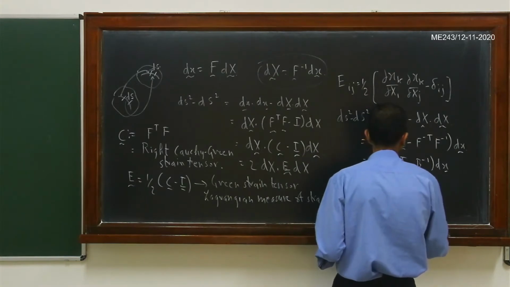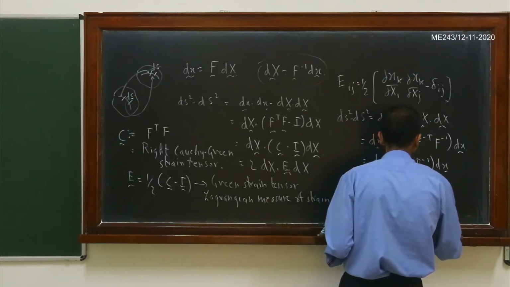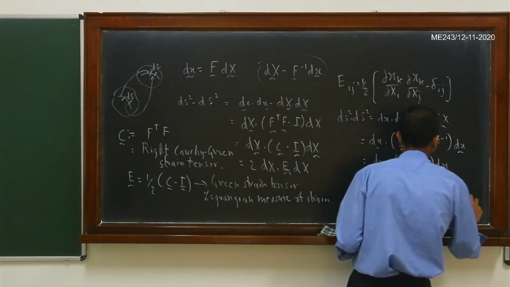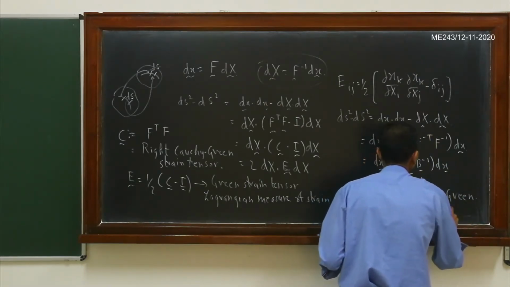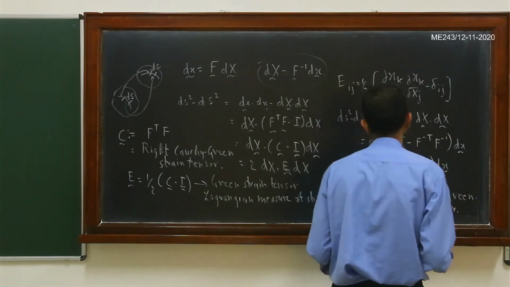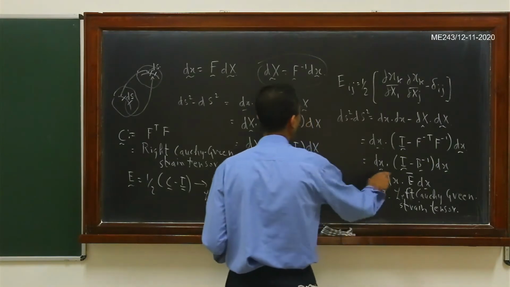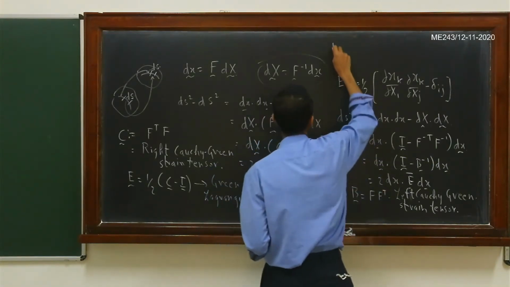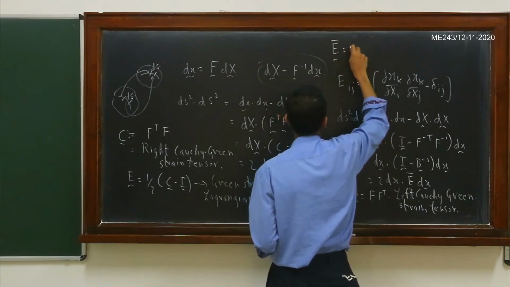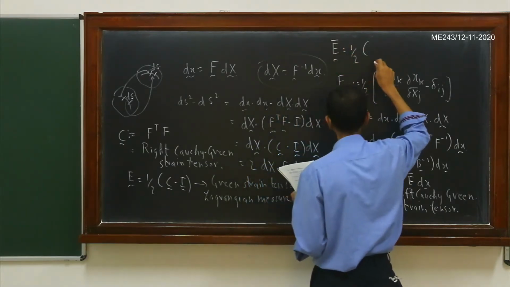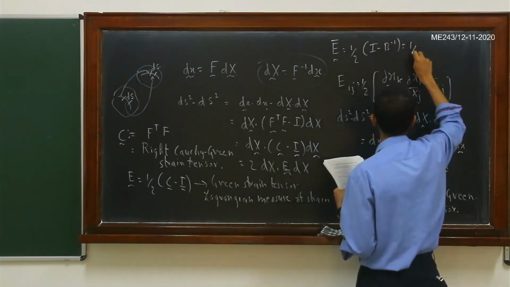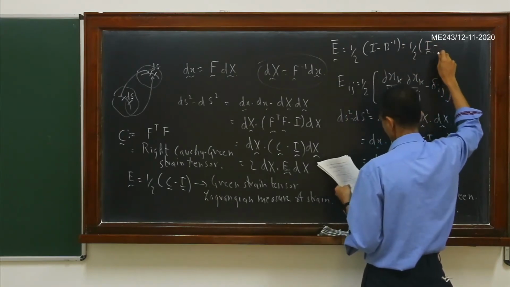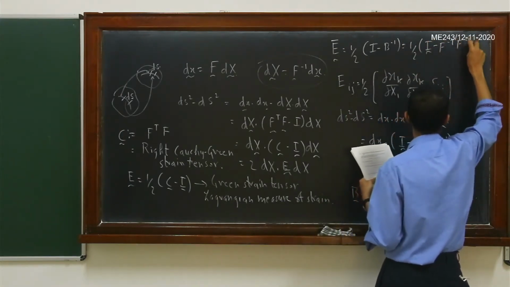And this E bar is half of I minus B inverse, which is also equal to half of I minus F inverse transpose F inverse.